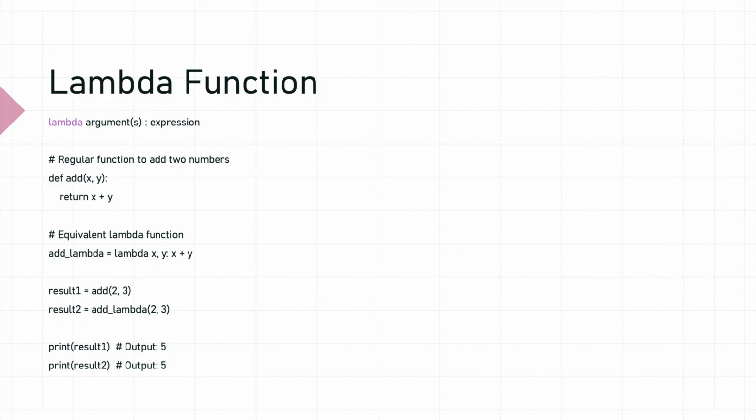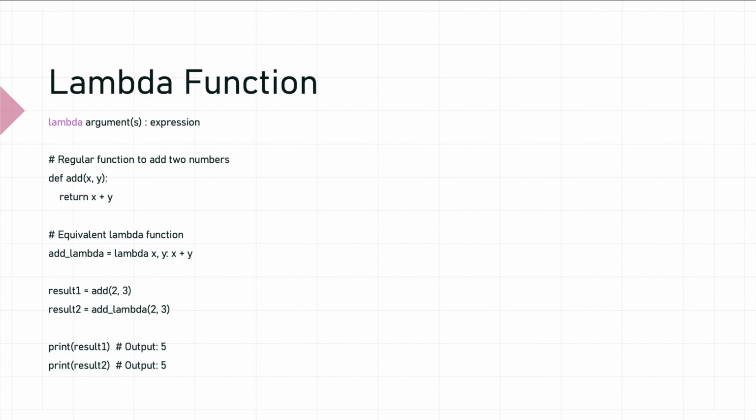And in this slide, we have an example of how to use a lambda function. So in this example, we defined a regular function called add that takes two arguments, x and y, and returns their sum. We then define an equivalent lambda function called add_lambda that does the same exact thing.